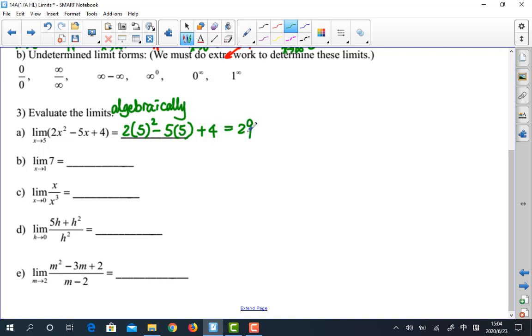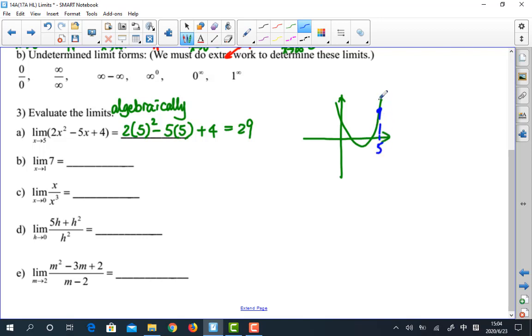You also can use the graph to help you understand why this limit is 29 when x approaches 5. This is a quadratic function. I hope that you already know a quadratic function is a continuous function at any x value on its domain. When x equals 5, you look at it here.